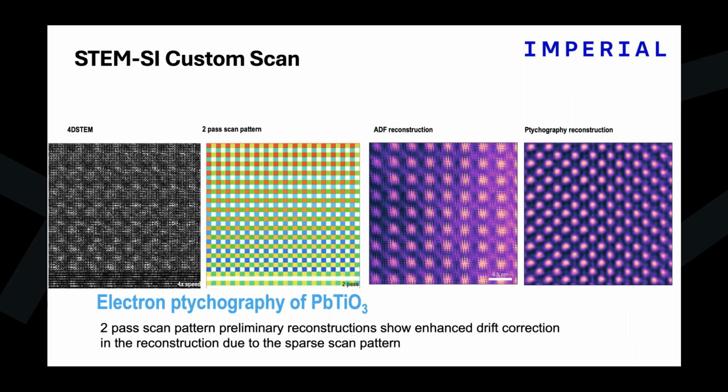So as Steph mentioned, all of these different scans can be tailored for different experiments, and there is no perfect or ideal scan. So skipping pixels can improve some data acquisition, in this case 4D STEM, while it can be detrimental in other kinds of experiments as well.